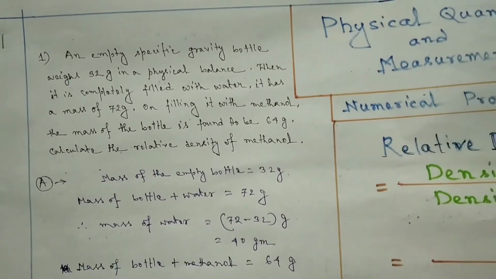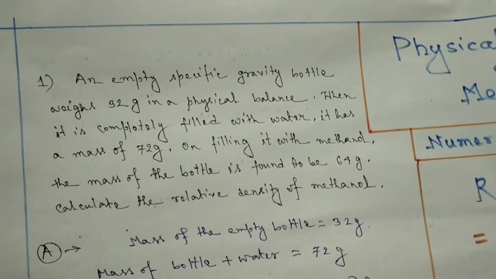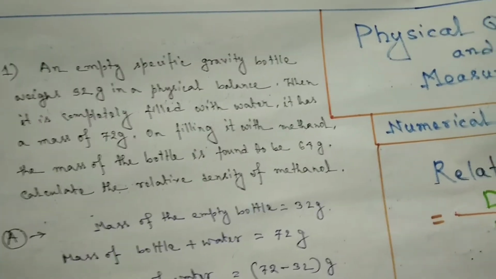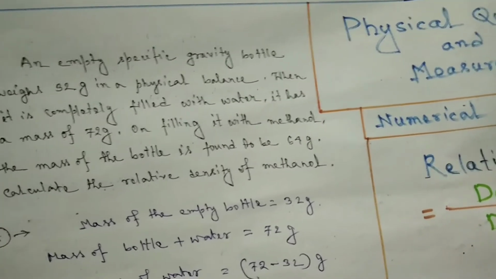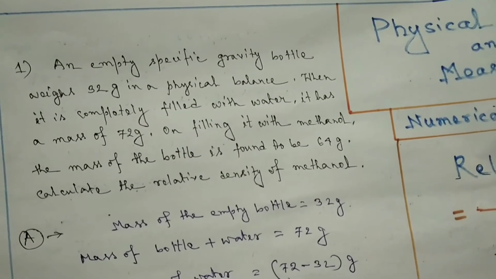An empty specific gravity bottle weighs 32 gram, so the weight of the bottle is 32 gram in a physical balance. When it is completely filled with water, it has a mass of 72 gram.